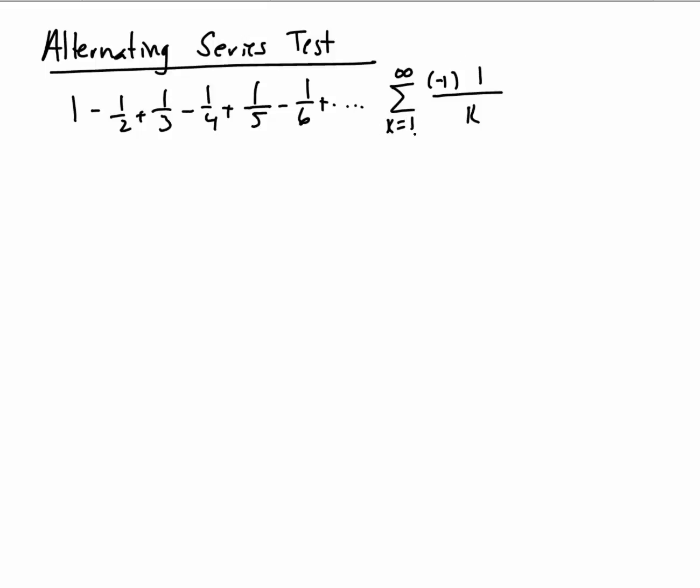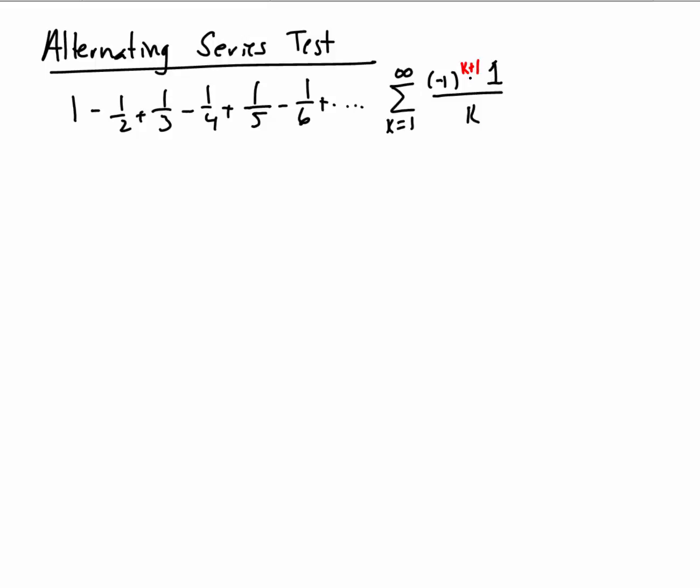We're starting here with a 1, so we want our first term to be positive. If we put a k here, we'd have -1 to the 1, which would produce a -1, so my first term would be negative, so that's not what I want. Now if I add 1, that should work great.